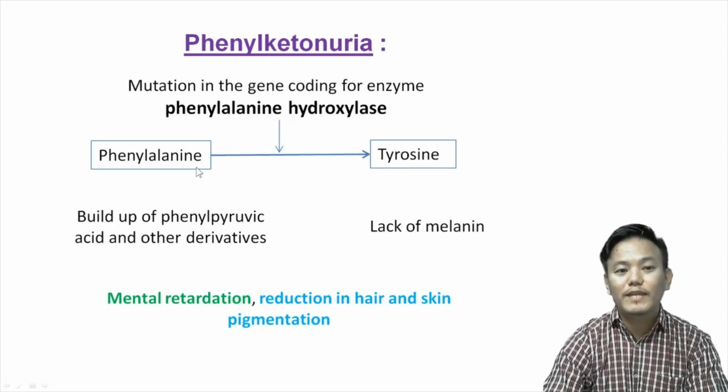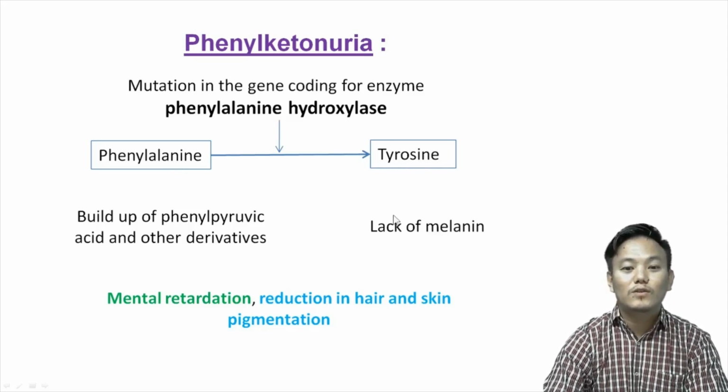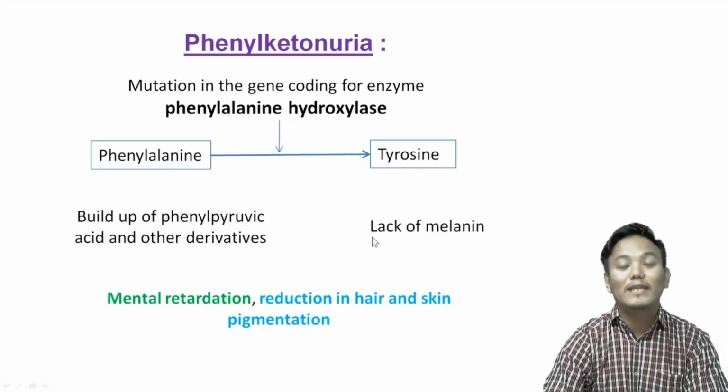And since phenylalanine is not being broken down into tyrosine, and tyrosine is required for the synthesis of melanin, that dark pigment, your body will synthesize less melanin.